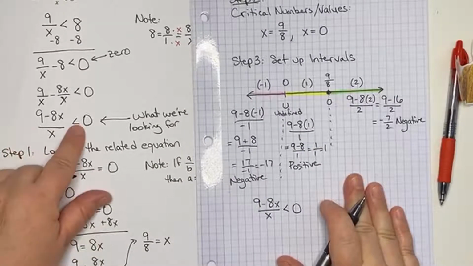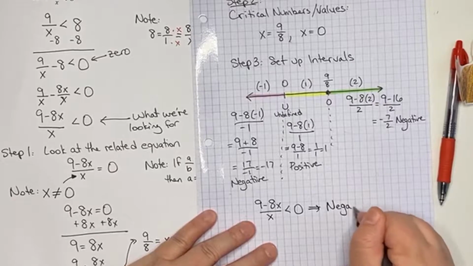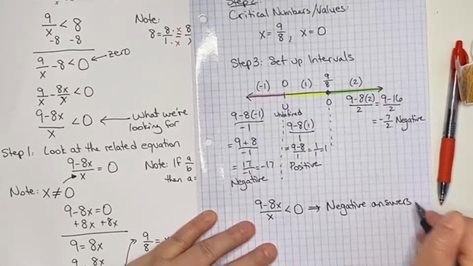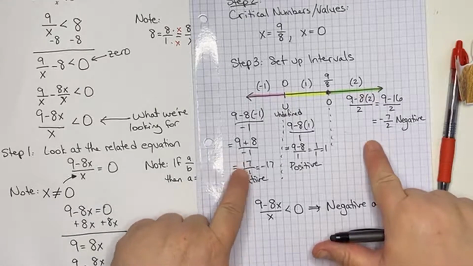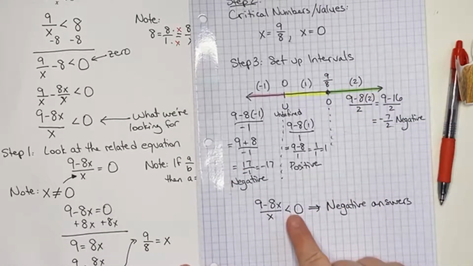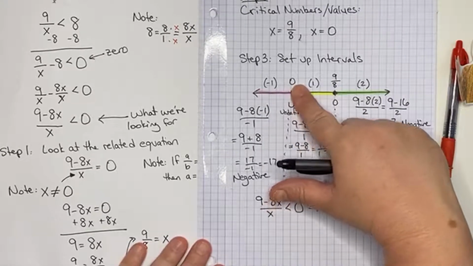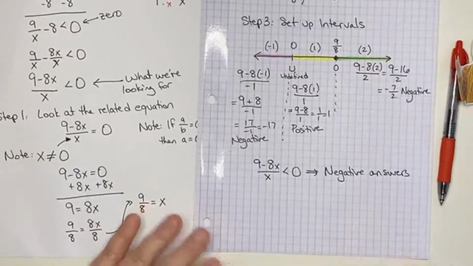We want it to be less than 0, so we want negative. So where were the negative answers? The negative answers were here. Do I want to include 9/8? No, because I don't want it to be equal to 0, so 9/8 is not included. Do I want to let x be equal to 0? No, that's right out, because it'll blow up the whole thing, so we don't include that.